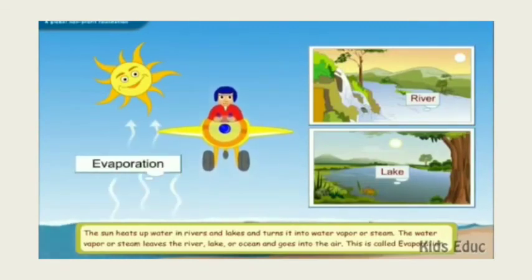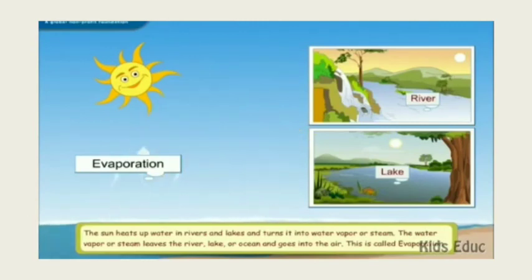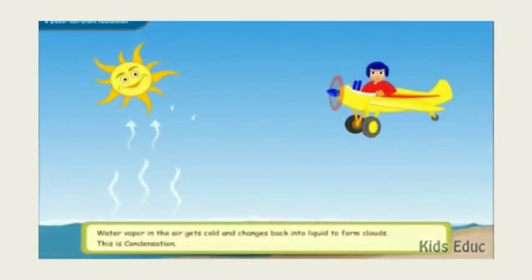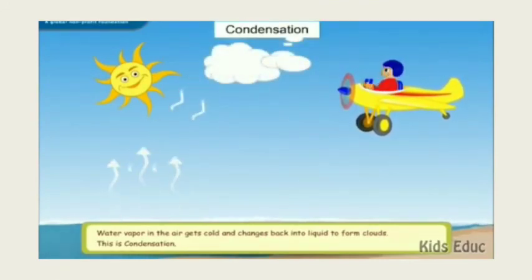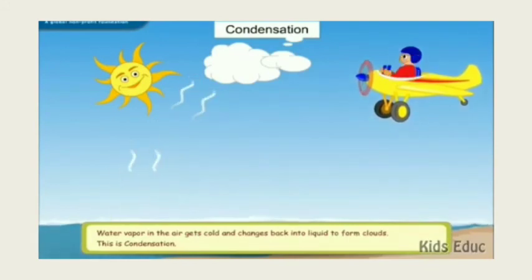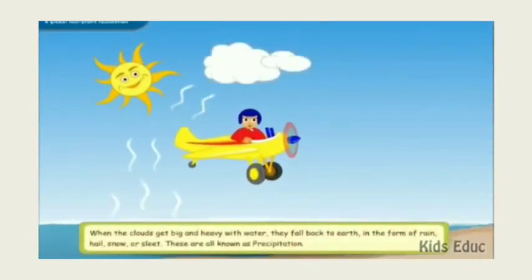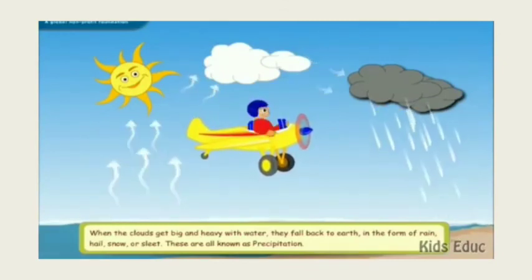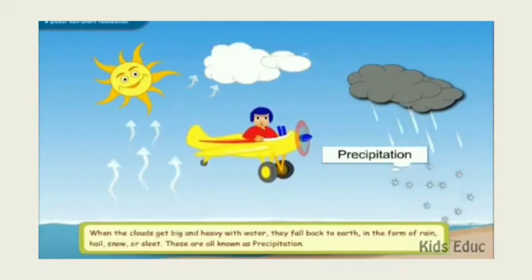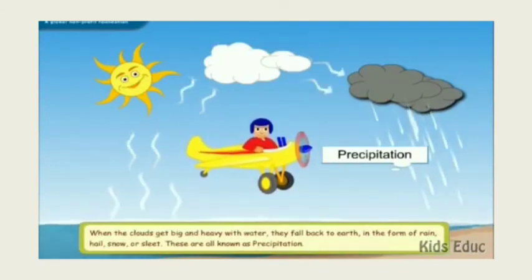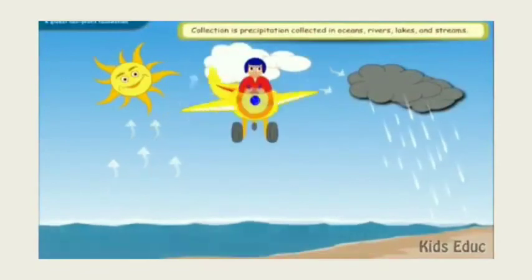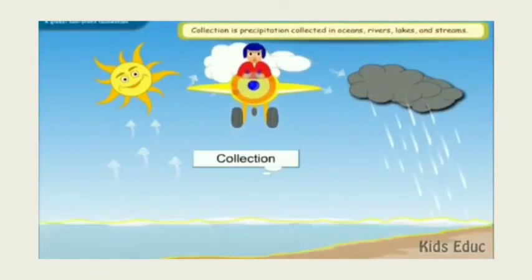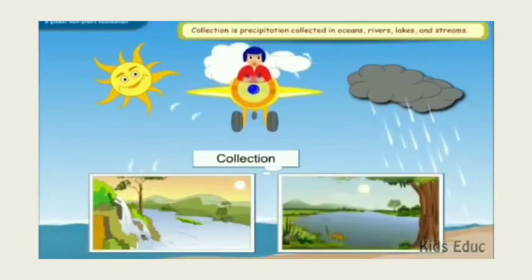This is called evaporation. Water vapor in the air gets cold and changes back into liquid to form clouds. This is condensation. When the clouds get big and heavy with water, they fall back to Earth in the form of rain, hail, snow, or sleet. These are all known as precipitation. Collection is precipitation collected in oceans, rivers, lakes, and streams.